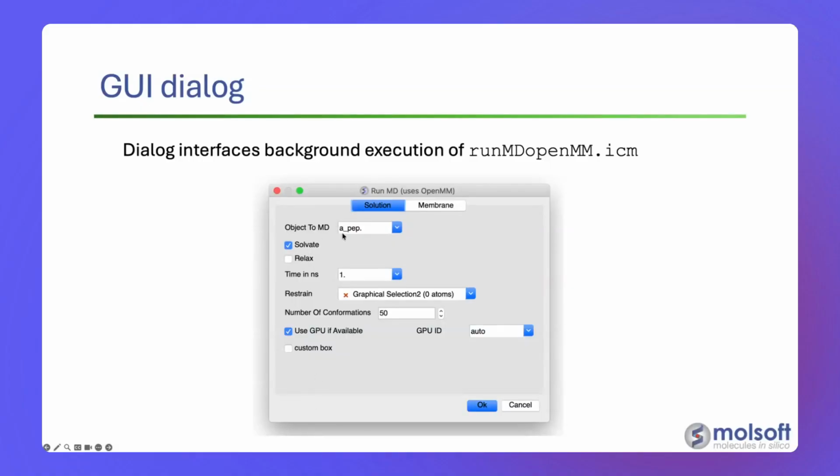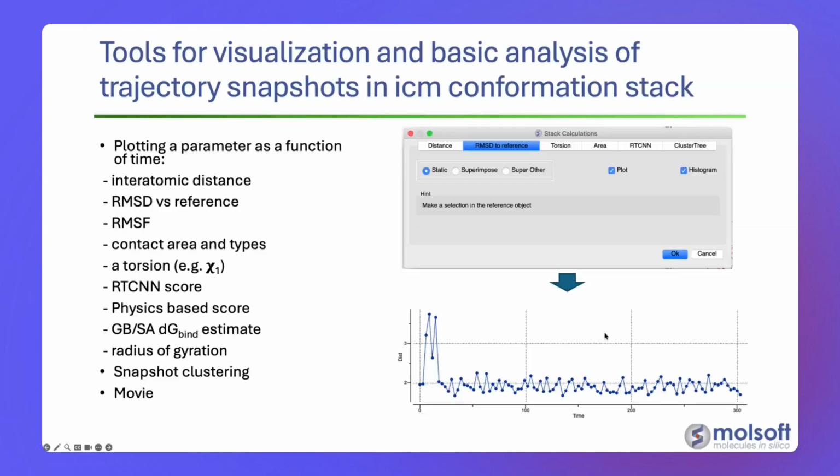You tell ICM which ICM object you want to run the simulation on. It can either be in solution or in a membrane. These are two different tabs that give you different options. And then you have the different options here to restrain, the time in nanoseconds, and the number of conformations you want to report, and you can use a GPU if available, and you can provide the GPU ID as well.